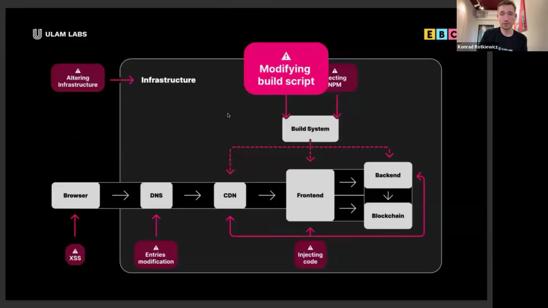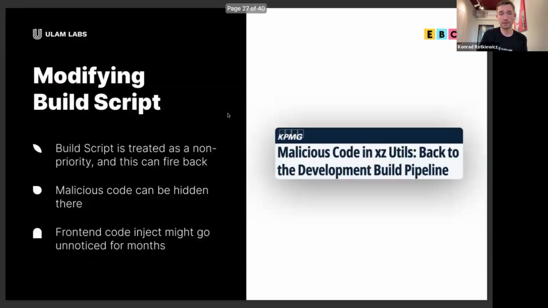The next one is modifying the build script. The build system, the continuous integration and continuous delivery system, is similar to the content delivery network. It's there, it works, it builds your artifacts, and you don't care that much about it. You don't treat it as a priority in your security procedures.